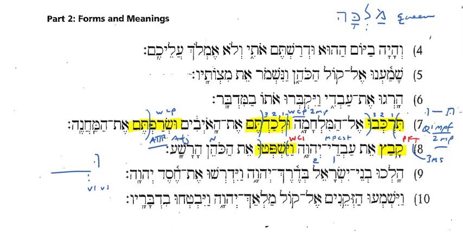So number 5, we have, let's read this. Ready? Shamatnu el kol ha-kohen venishmor et mitzvotav. All right, so look at shamatnu. Is that a perfect, imperfect, WCI, or WCP form? It's a perfect.